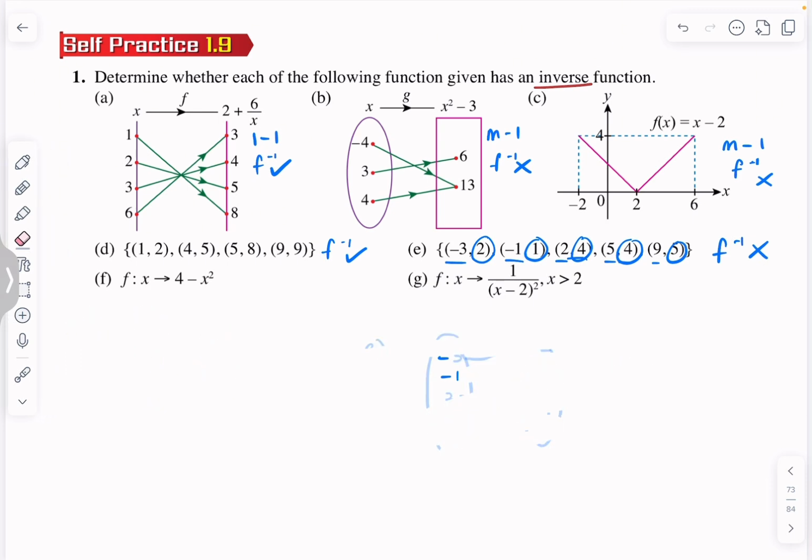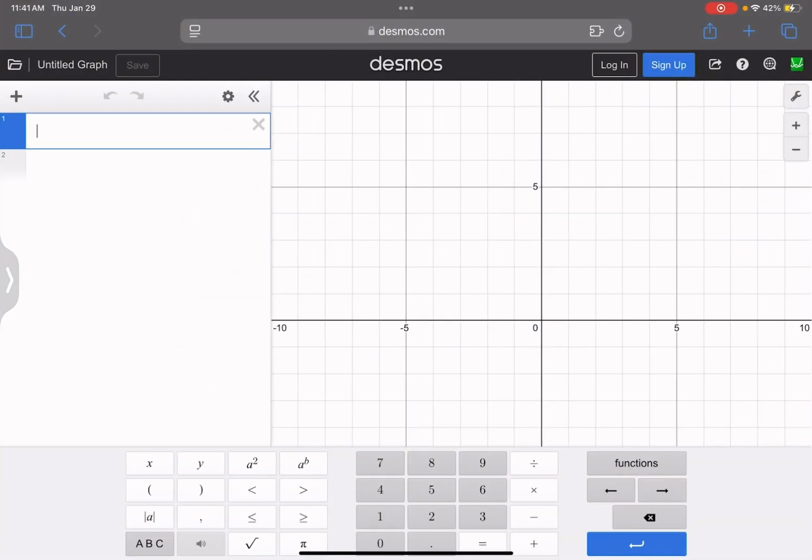And we look at F. f(x) is 4 minus x squared. What we can do is try to sketch this on a graphing calculator.